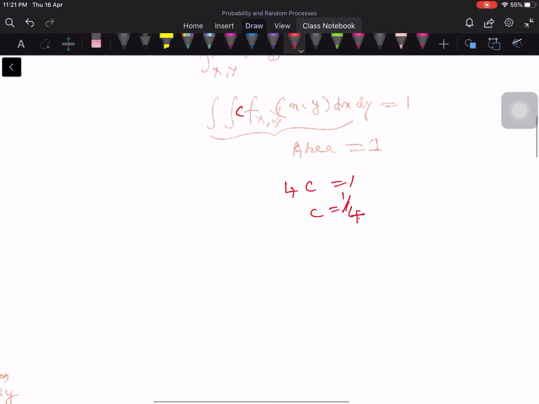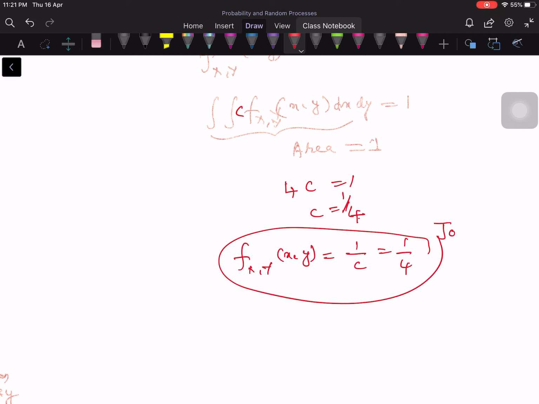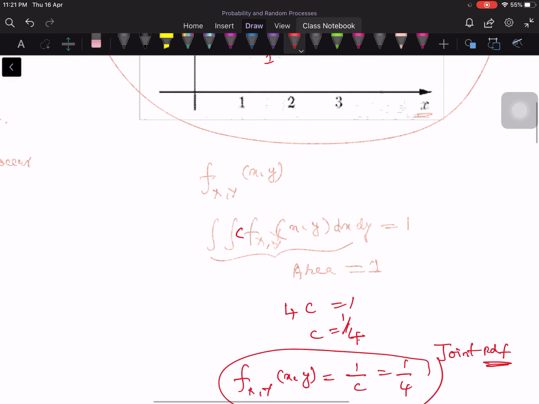Therefore f_XY(x, y) is equal to 1 by 4. This is my joint probability density function. Now we need to find the marginal density.